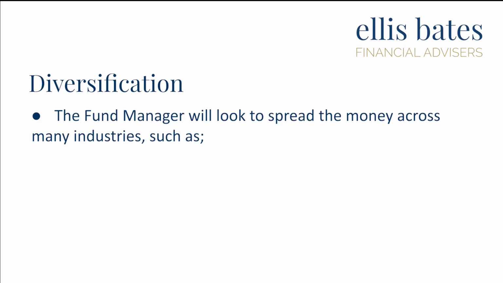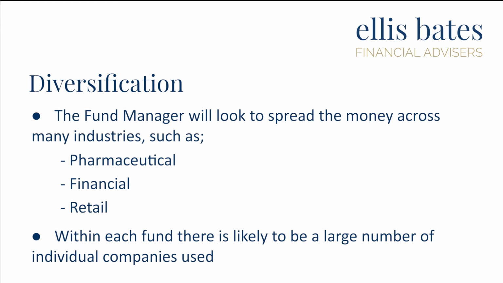Furthermore, the fund manager, who makes decisions on where to invest your money, will look to spread the money across many industries such as pharmaceutical companies, financials, and retail. This again helps reduce risk by not relying on one specific area. Lastly, within each fund, there is likely to be a large number of individual companies used, which will ensure that there isn't an over-reliance on one specific stock.